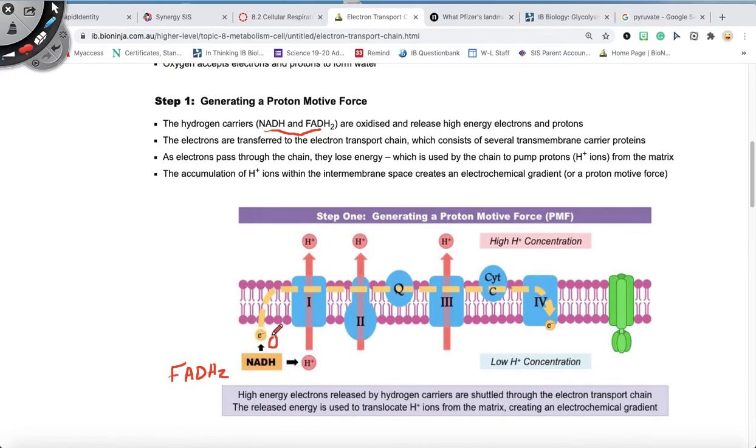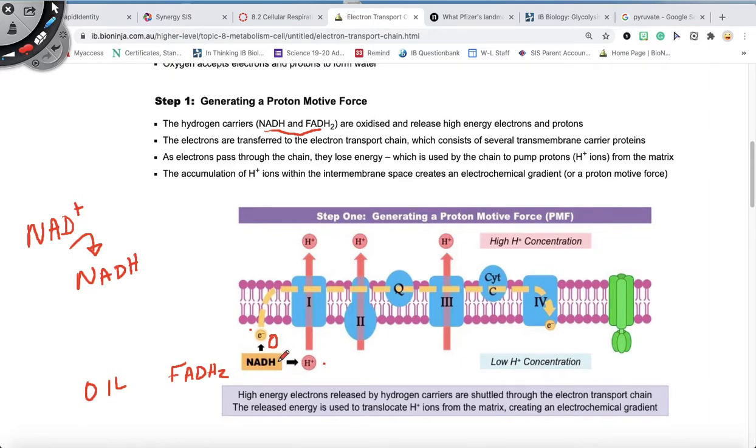So oxidation is happening here. Remember that oxidation is to lose. So these hydrogen carriers are going to lose their electrons and their hydrogens. Now remember that these hydrogen carriers first had to get reduced, right? So NAD plus got reduced into NADH in the other processes of cellular respiration.